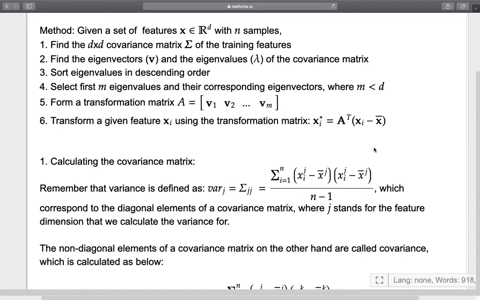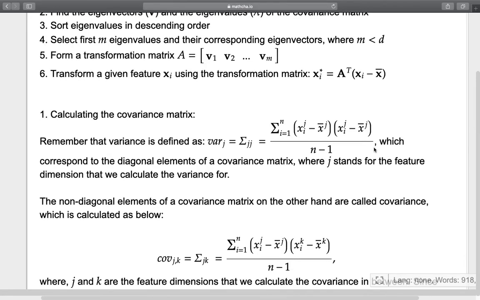So let us see how we calculate the covariance matrix. Remember that the variance within a feature dimension j is given by this equation. So j is our feature dimension that we calculate the variance for, and n is the number of samples we have.